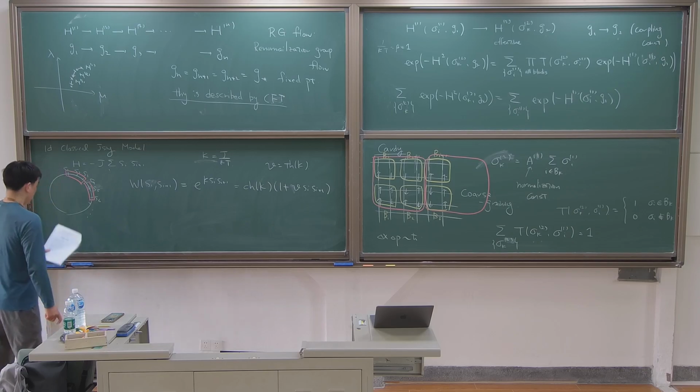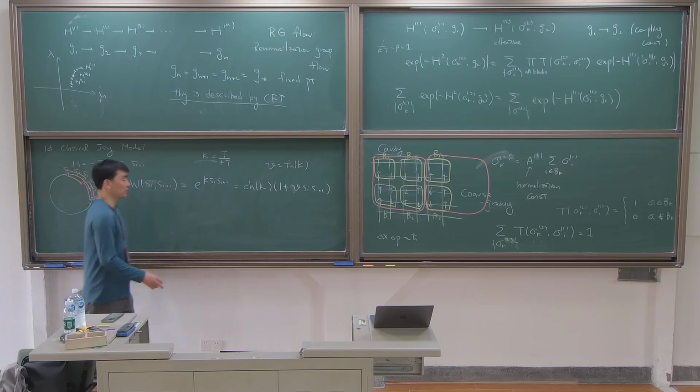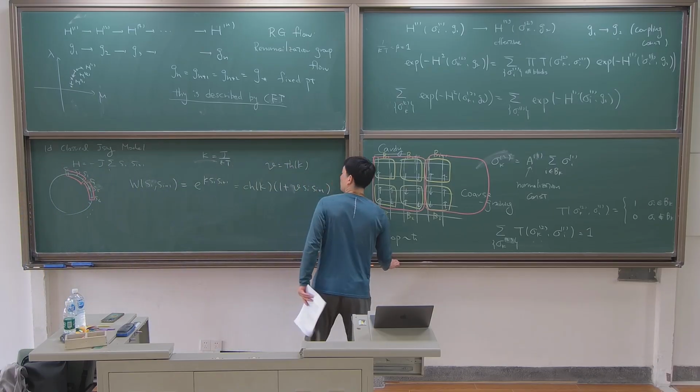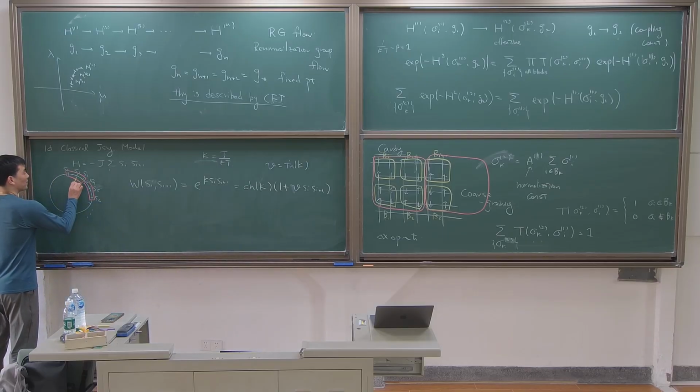Okay. And now we look at the following. Let's rename: the middle one is sigma 1, and this one is sigma 2, and we average over S3 and S4, the configuration of S3 and S4.